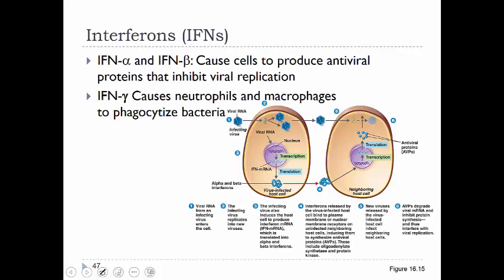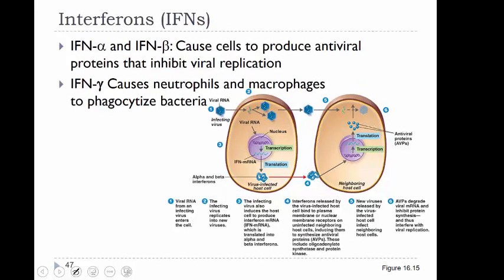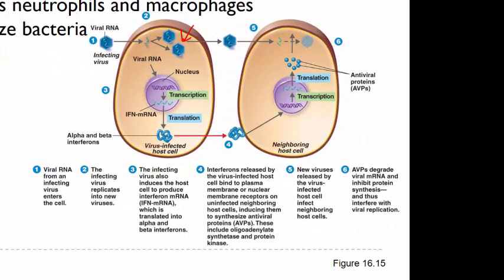We mentioned interferons. Interferons are important for antiviral protection. So what happens is if we have a cell, so this cell right here has actually been invaded by viruses. And what happens is that cell will send out a message saying, I've been taken over.